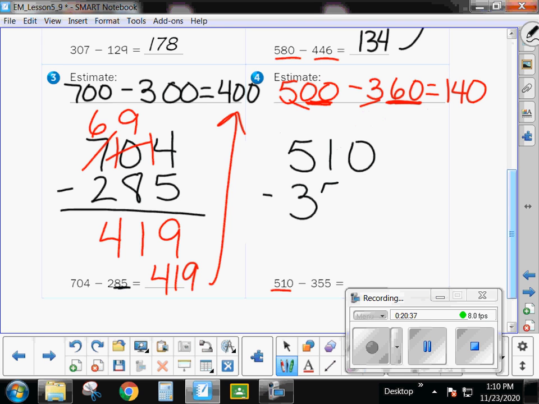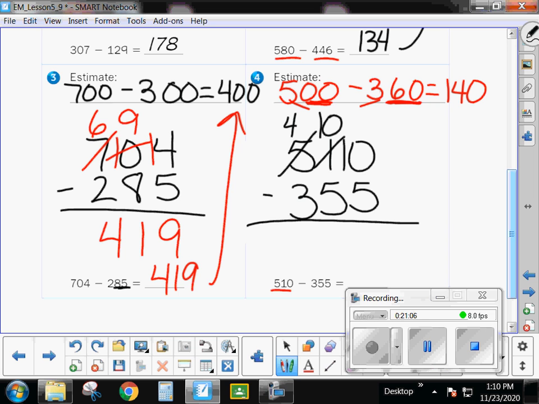510 minus 355. I'm going to go through each place value, make sure there's more on top. In my ones place, there's not more on top, so I'll borrow from the tens. When I borrow that 10, I'll bring it over to the ones place. Now there's not more on top in the tens place, so I'll borrow from the hundreds, make that a 400, bring that 100 over and stick it in the tens place because that's now 10 tens.